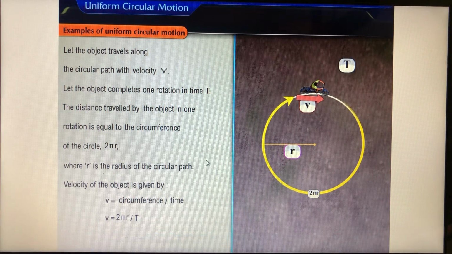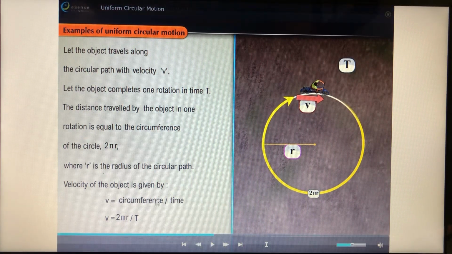Here is the velocity of the object which moves in a uniform circular motion. So this is the formula for uniform circular motion, in which v is equal to circumference upon time, means 2 pi r upon t.